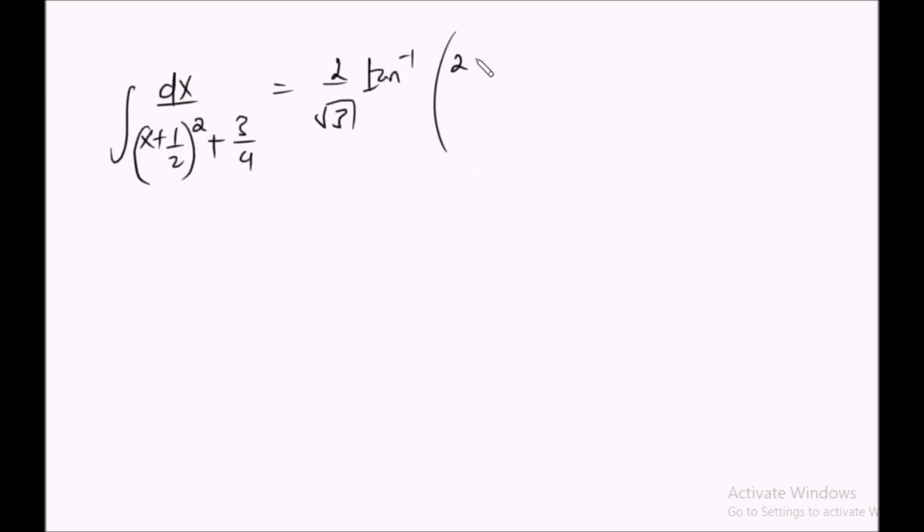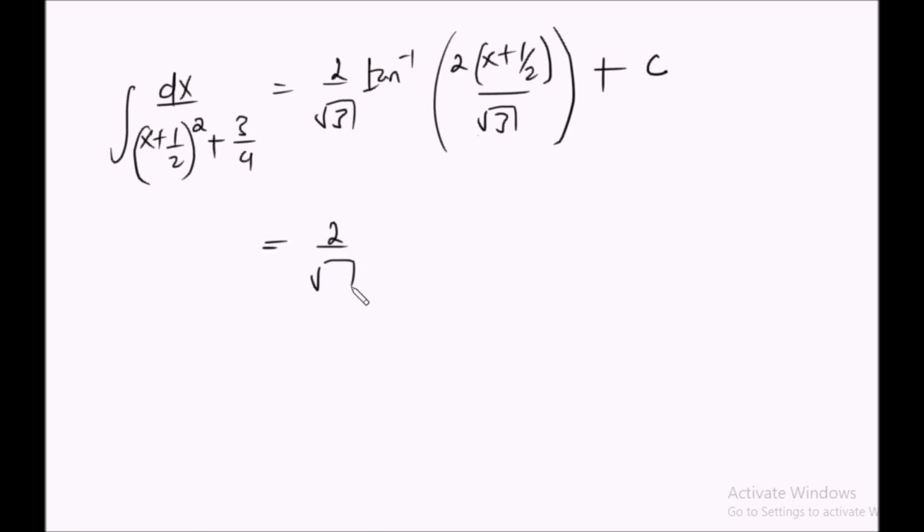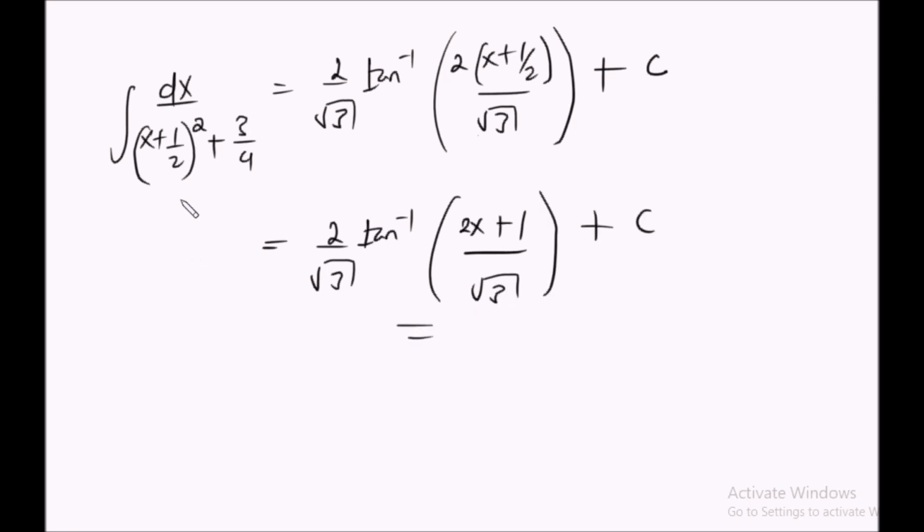So here I get 2 times x plus 1 over 2, over radical 3, plus c. Bringing the 2 inside, you get tan inverse, so 2 times x is 2x, 2 times half is 1, over radical 3 plus c. Remember, this was dx over x squared plus x plus 1.